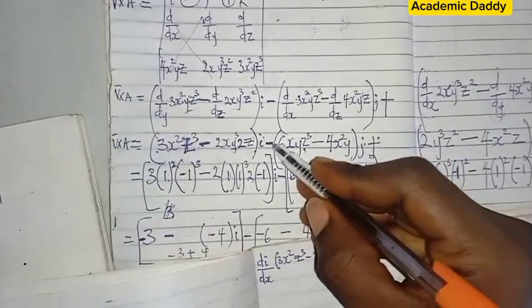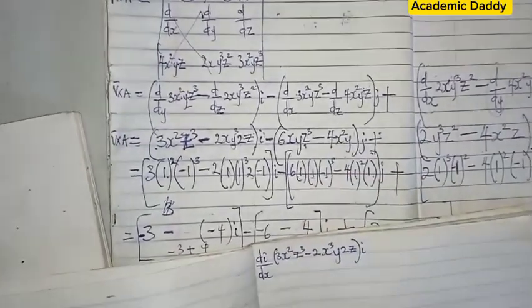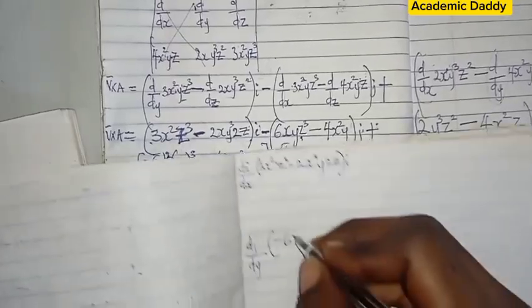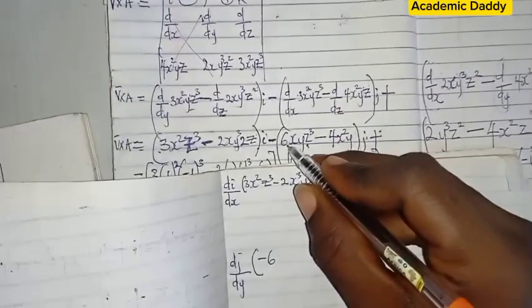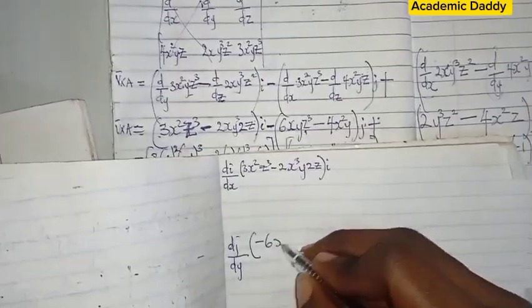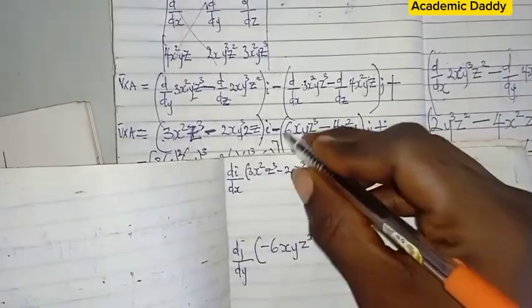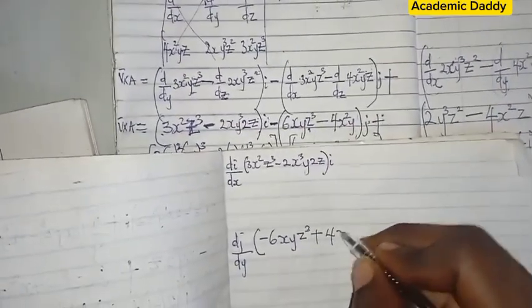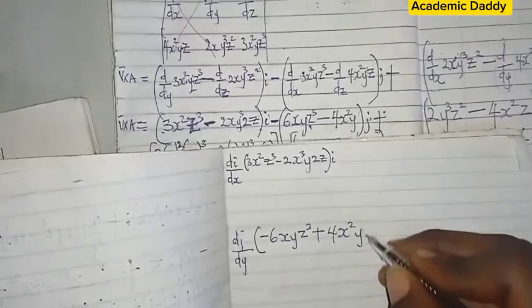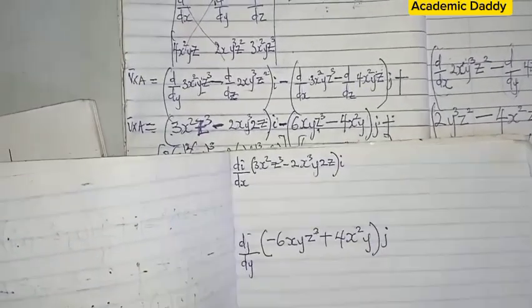By the time you use this minus sign to open this bracket, you have minus 6xyz³ plus 4x²yz.